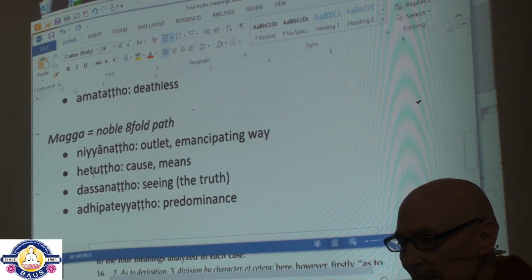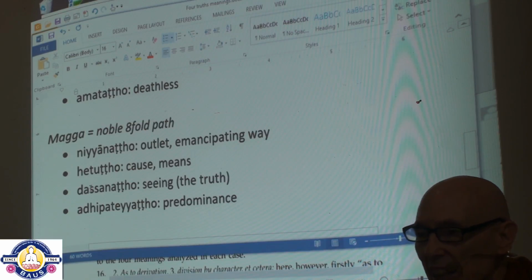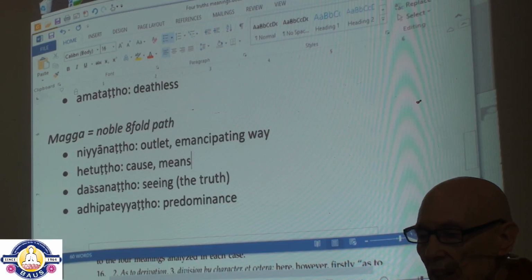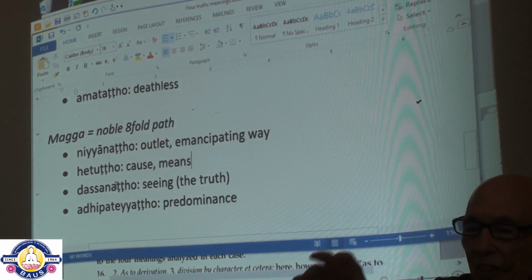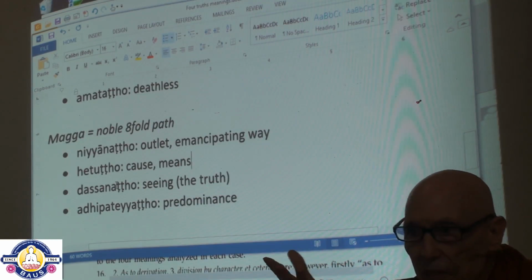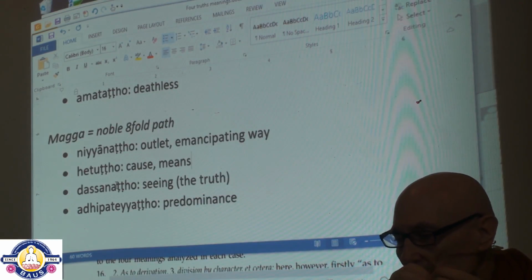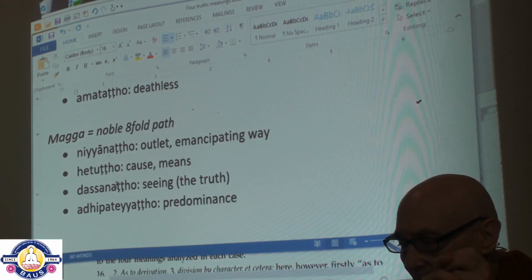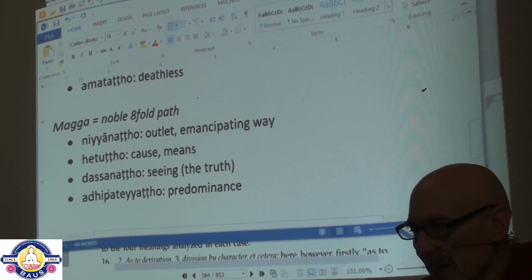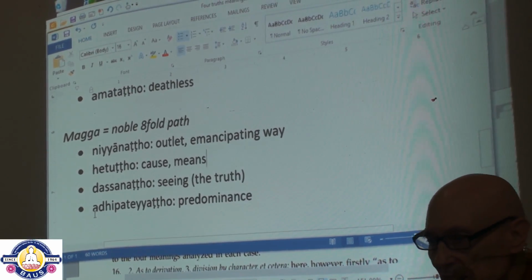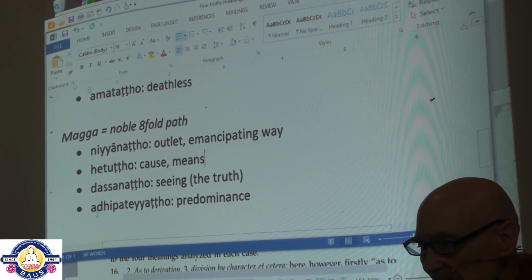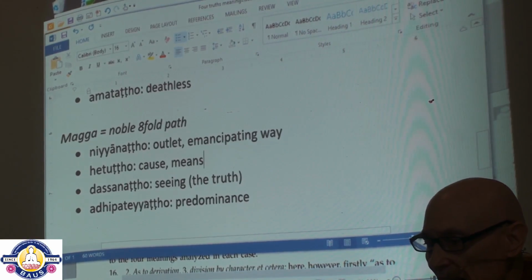And then another third implication of the magga is dassana. Dassana means seeing, so seeing the truth. Because when the path arises, then one sees the truth of the Dhamma. So a direct perception of the truth. And then the fourth nuance of magga, of path, it's called adhipateyya.